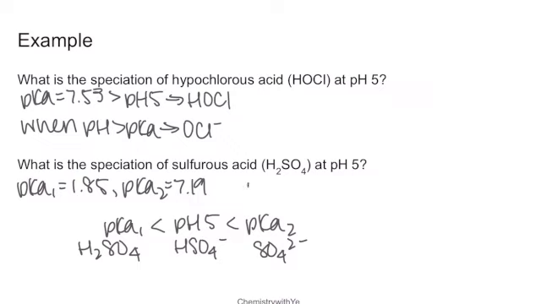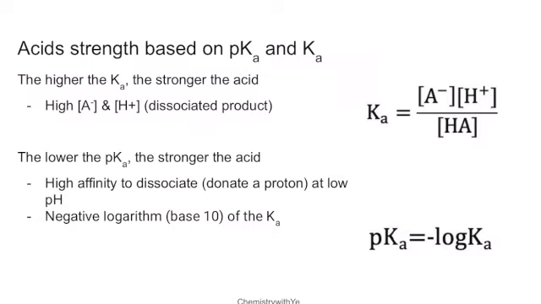So at pH 5, it's right in the middle where the sulfurous acid has lost 1 proton because it is greater than pKa1.